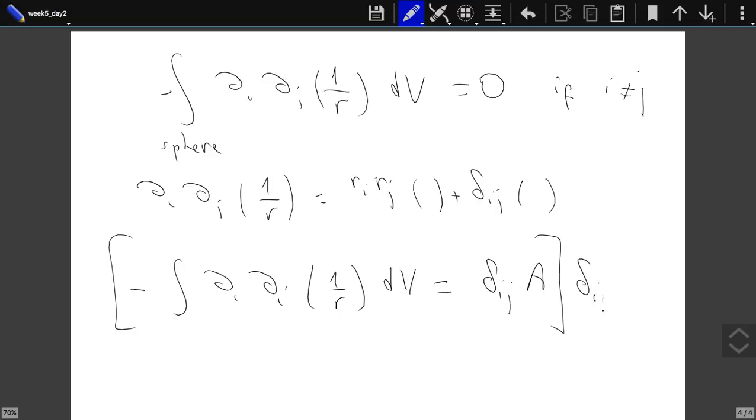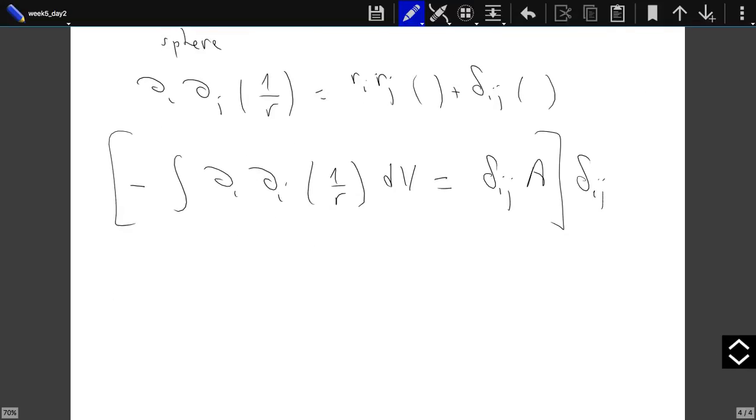Well, let's multiply both sides by Kronecker delta ij. If I do that multiplication, what becomes the left-hand side? The Laplacian of 1 over r over the volume. What is the right-hand side?